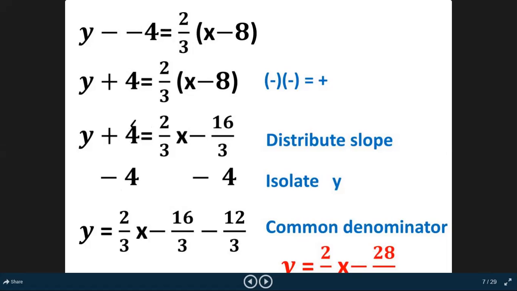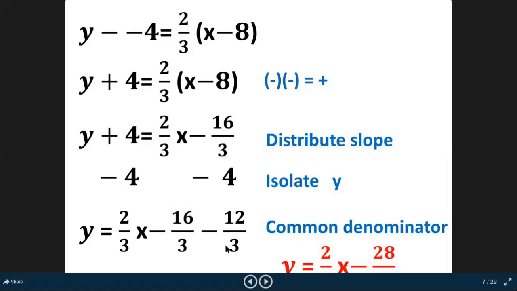So we add negative 4 to both sides. Or we can transfer positive 4 to the opposite side with a different sign. It gives us the same answer in the end. Then y equals 2 over 3 x minus 16 over 3 minus 12 over 3, because I want a common denominator.